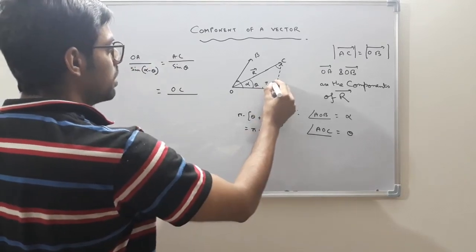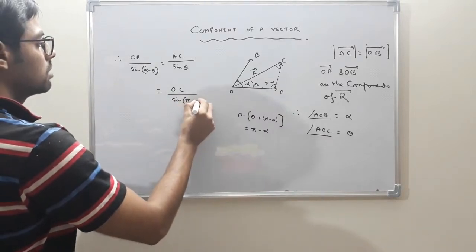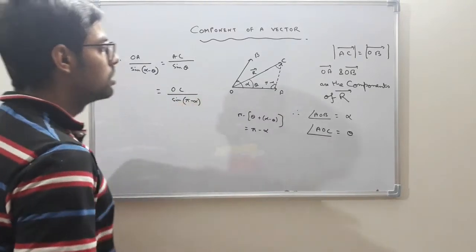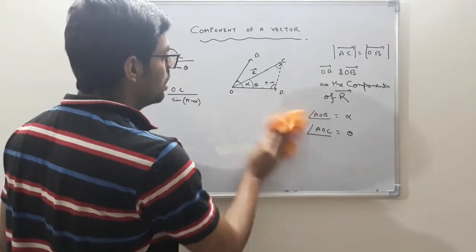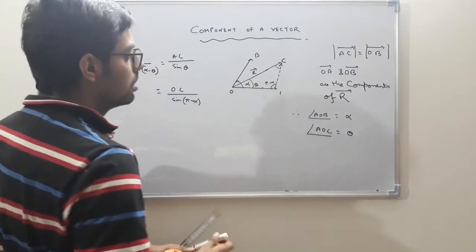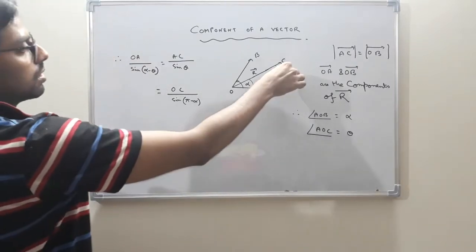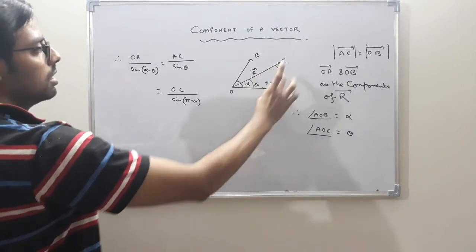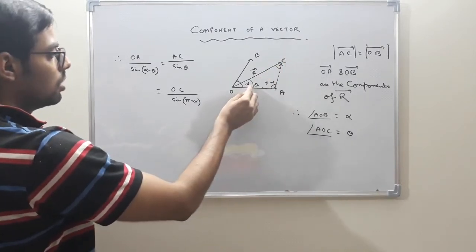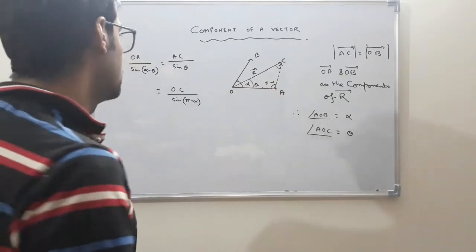So this angle will be pi minus alpha, with sine of pi minus alpha. So up to this, it is clear that in this triangle AOC we have OA by sine of this angle equal to AC by sine of this angle equal to OC by sine of this angle, from the basic geometry rule.